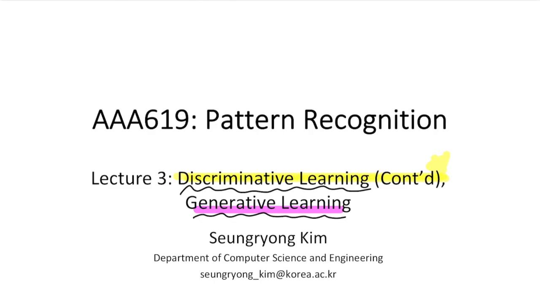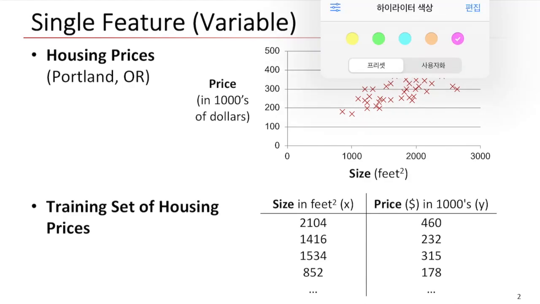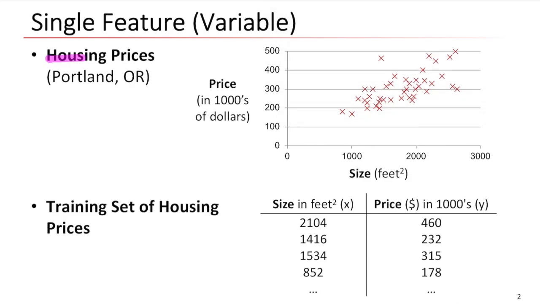Okay, let's start. Let's continue with the regression problem. If you remember correctly, in the last lecture we learned the house pricing prediction problem. The training data was the size of the house with the price of the house, right?